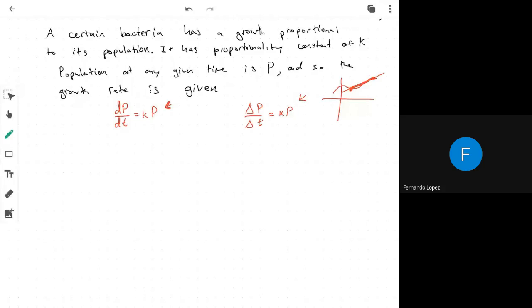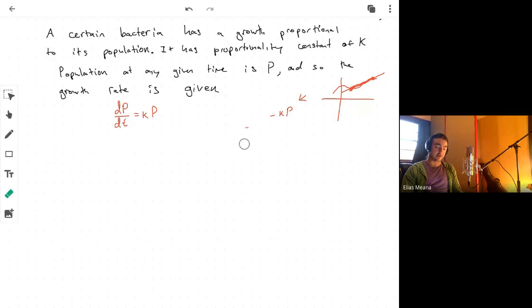And so P is going to be a function of time, right? Yes, P is going to be a function of time, but we're going to find that function of time explicitly right now. Okay, so here's what we're going to do. We're going to solve this differential equation.